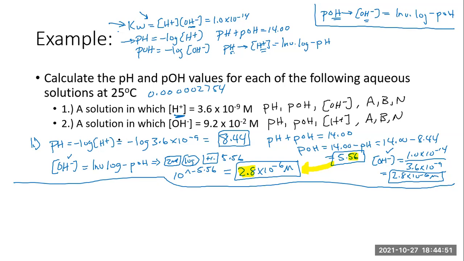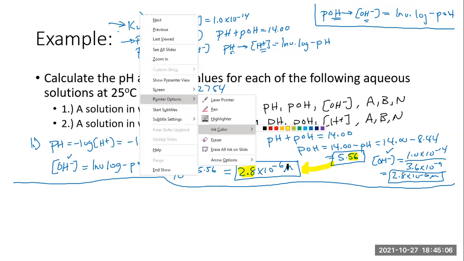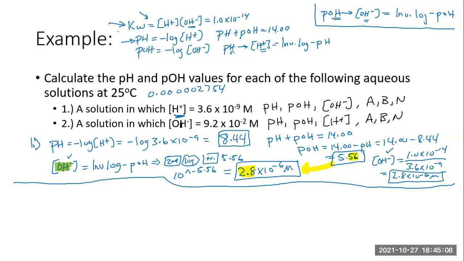We still need to determine, is the solution acidic, basic, or neutral? And you really have multiple ways you could do that. You can, if you wanted to, compare the OH minus concentration to the H plus concentration like we did previously. A probably much easier way to determine if it is acidic, basic, or neutral is to simply look at the pH value.